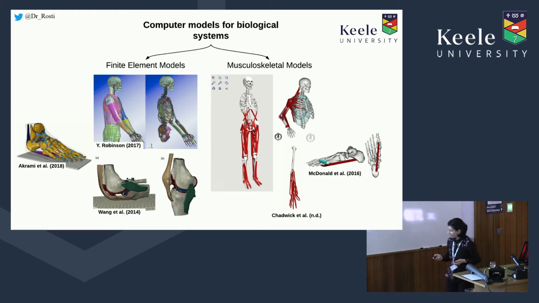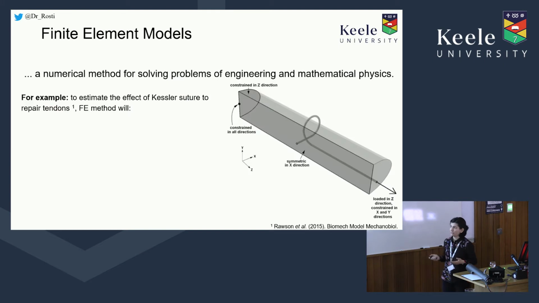So in order for me to explain a little bit about finite element models, I'd like to describe it through an example. This is an example one of my former collaborators at Manchester University worked on.